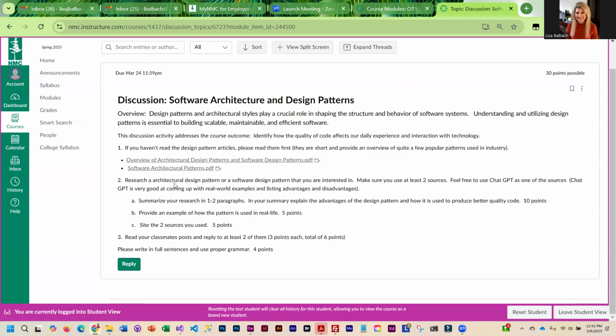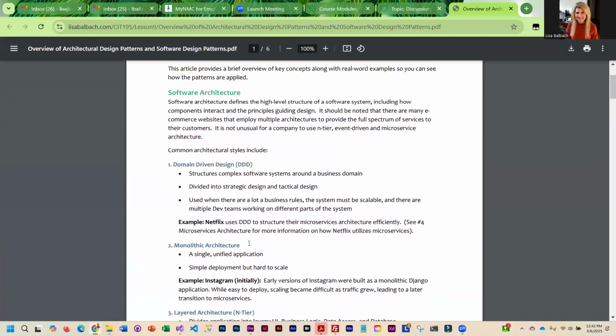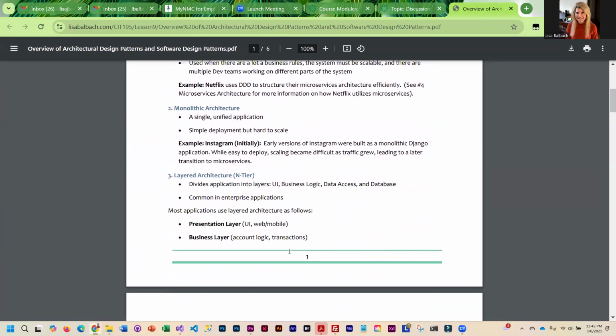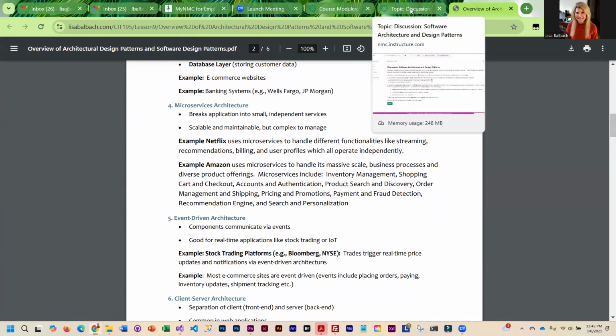So you need to research one of the architectural patterns that you're interested in. And like I said, this one that I wrote is very brief. I didn't go into a lot of detail on these patterns, but I do give you an idea of what they're all about without going into great detail, because the detail part is what you need to do for the discussion.